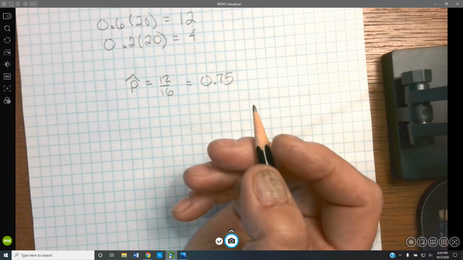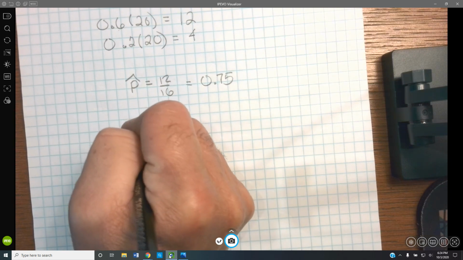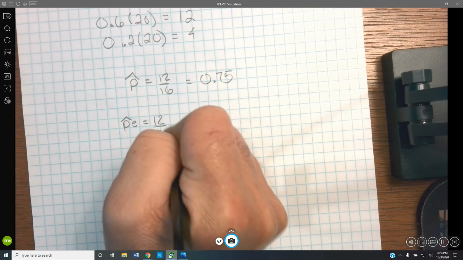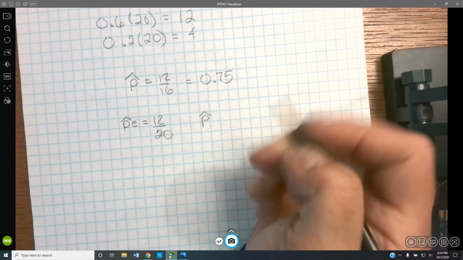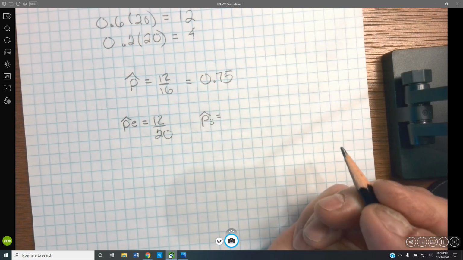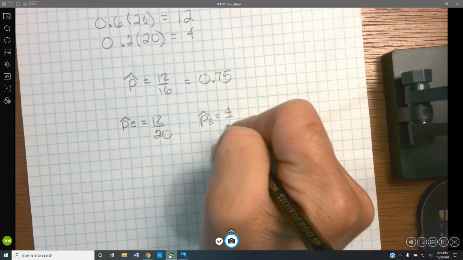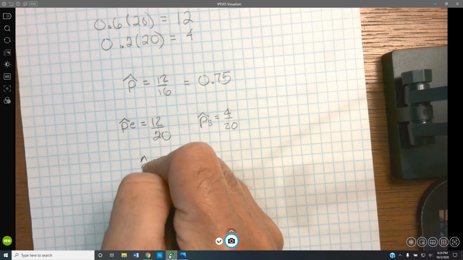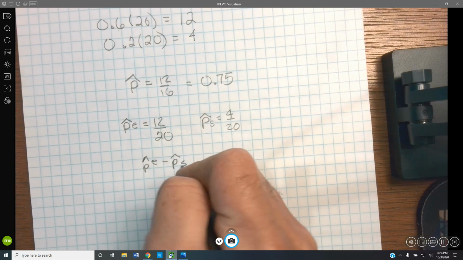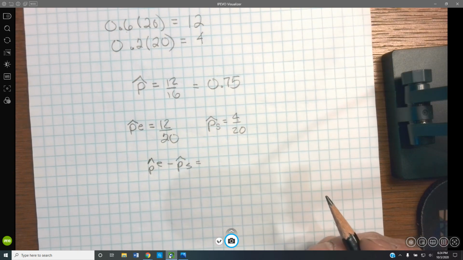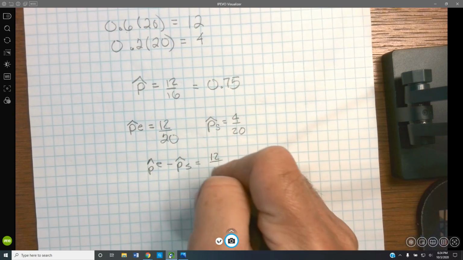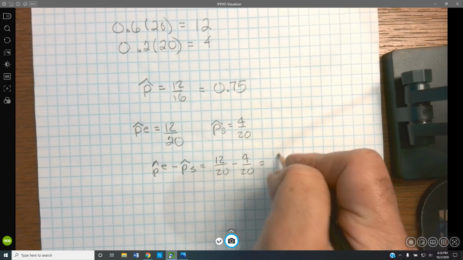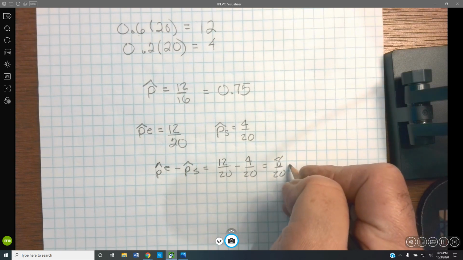So my P of E is going to be 12 out of 20. My P of S, my other group, is going to be 4 out of 20. And they want us to calculate P hat of E minus P hat of S. So really, it's 12 out of 20 minus 4 out of 20, which is equal to 8 out of 20.